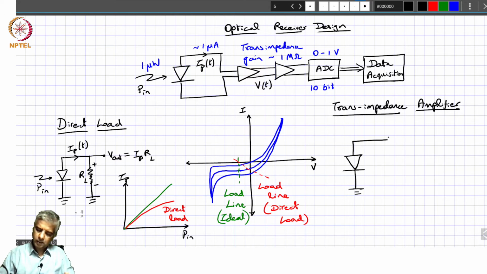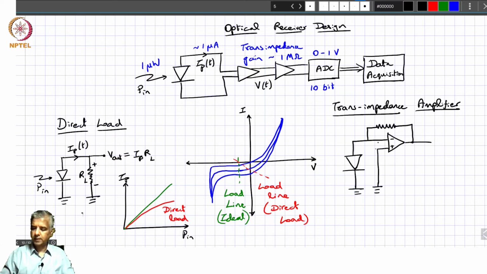Now this is actually connected to an op amp, with the other input of the op amp maybe at ground. So you connect to the negative of the op amp because what we will see further down is that this corresponds to a feedback circuit over here.